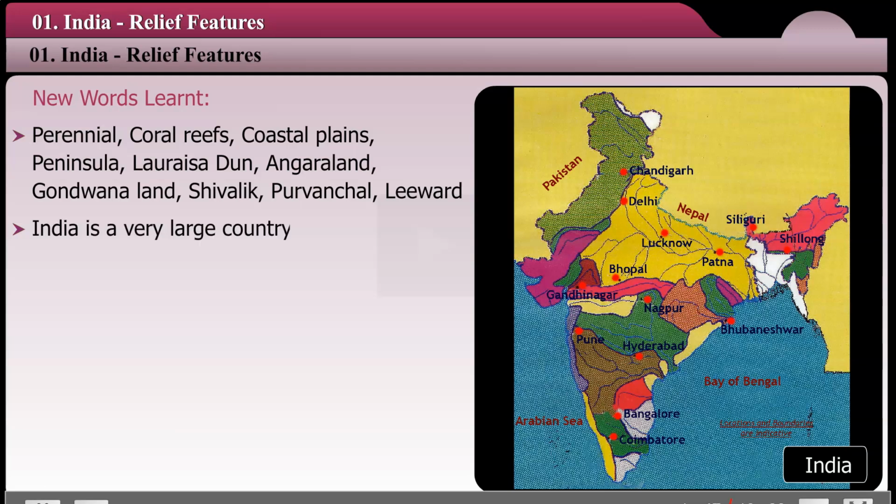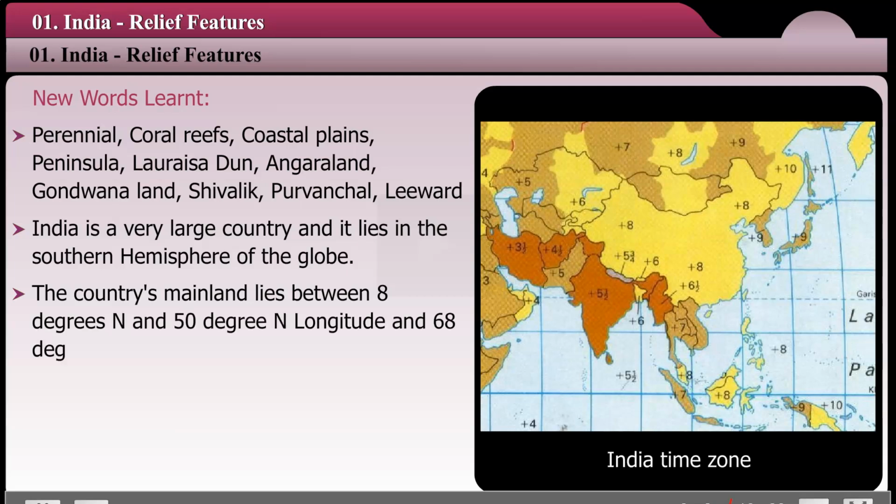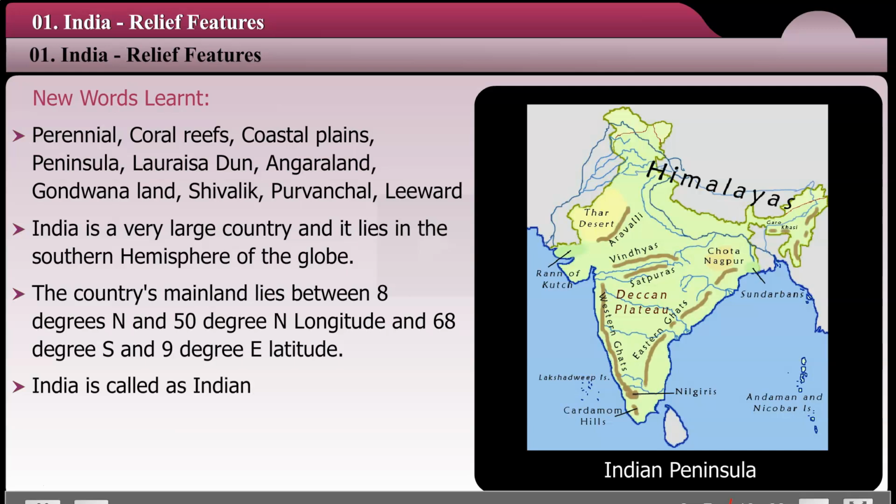India is a very large country and it lies in the northern hemisphere of the globe. The country's mainland lies between 8 degrees north and 37 degrees north latitude and 68 degrees east and 97 degrees east longitude. India is called the Indian Peninsula.